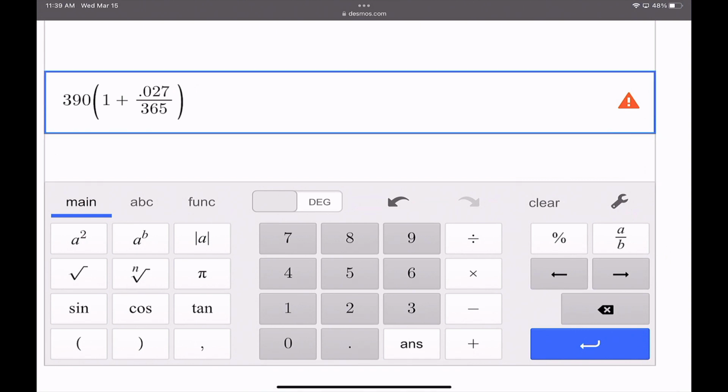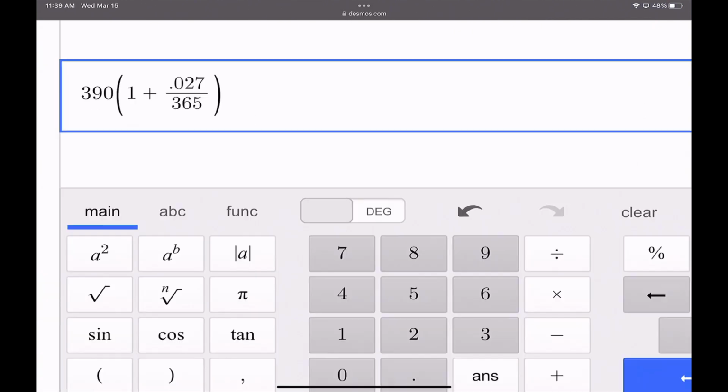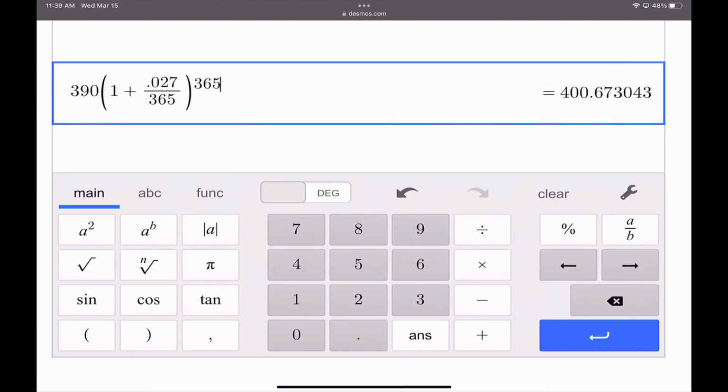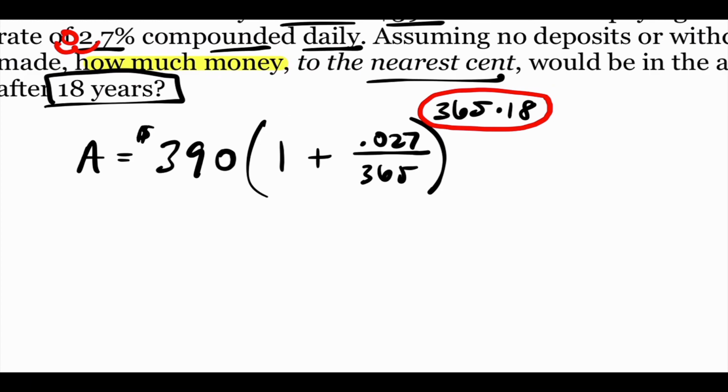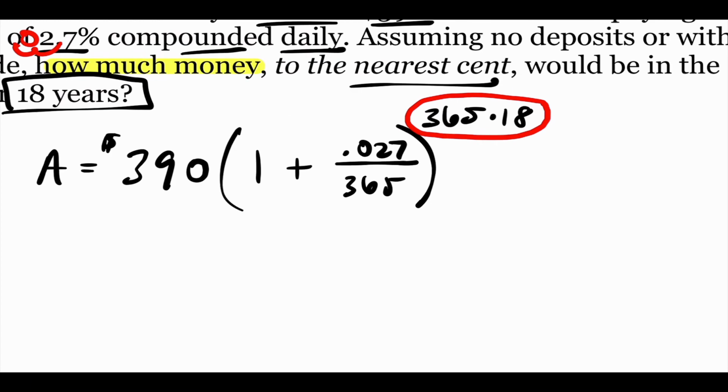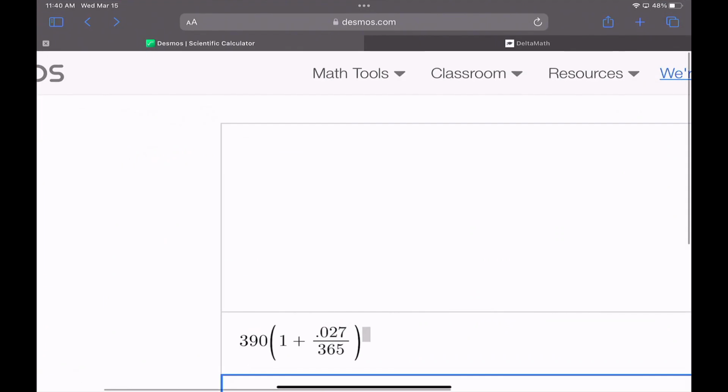Here's where we have to do something real quick. The calculator doesn't like us when we try to do multiplication or addition or anything as a power, right? Watch. 365 times, and then it goes down to the bottom, right? Times 18. It won't let me do it that way. So when you're using this calculator, you have to do the power first. So we have to calculate the power first. So 365 times 18.